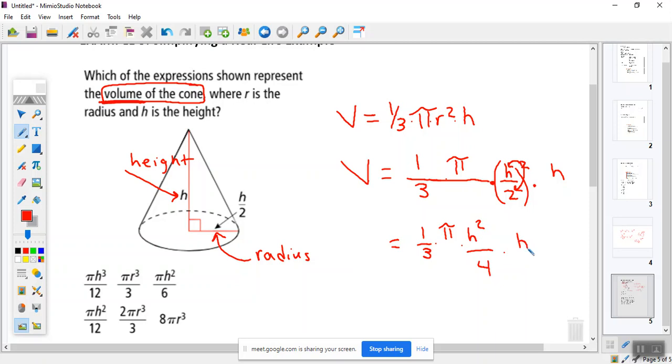This is a mess. What's 1 times pi, kids? Pi. I've got h squared times really h to the first up here. So by rules of exponents, what's h to the second times h to the first up top? So do you guys agree that we have 1 pi h cubed up top?